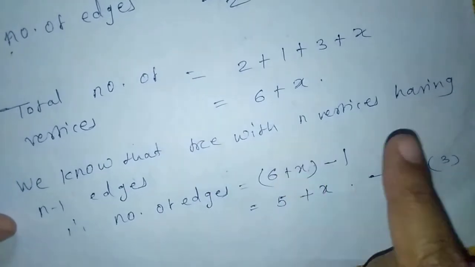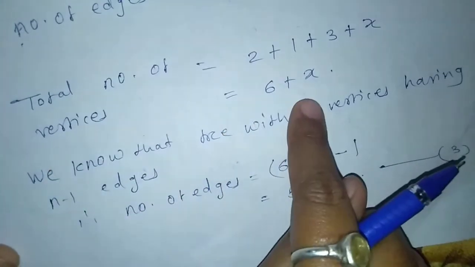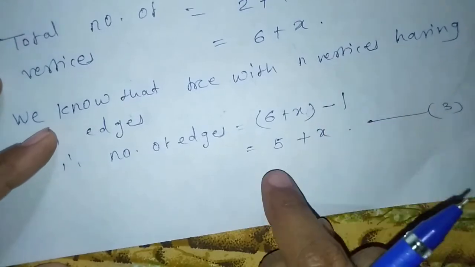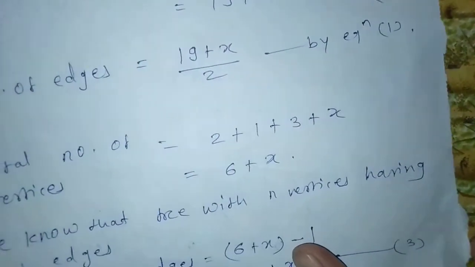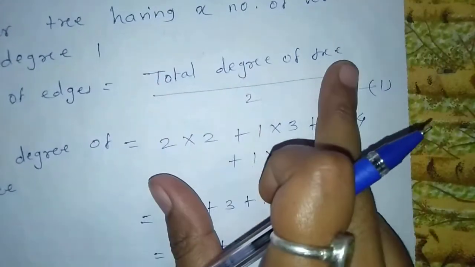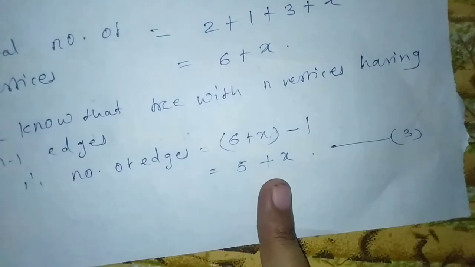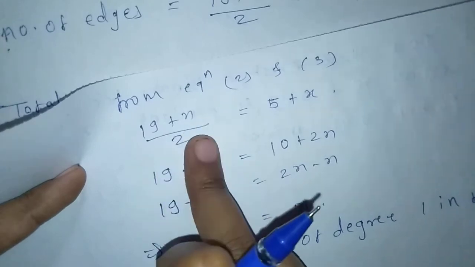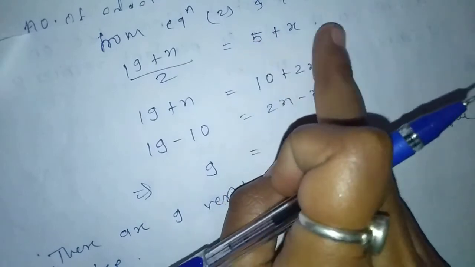And we know that a tree with n vertices has n minus 1 edges. Here the total number of vertices is 6 plus x. So number of edges of the tree is 6 plus x minus 1, which is equal to 5 plus x. So by using equation 2 and equation 3, number of edges is equal to total degree of tree upon 2, and 5 plus x is equal to 19 plus x upon 2. 19 plus x is equal to 5 plus x into 2.